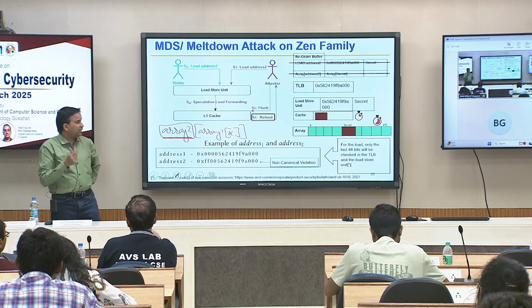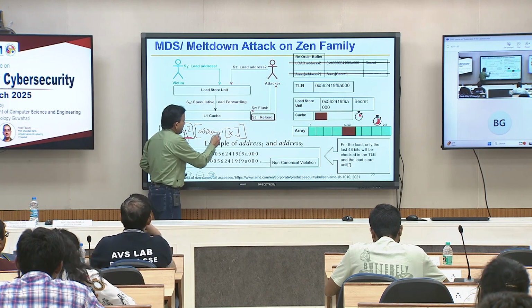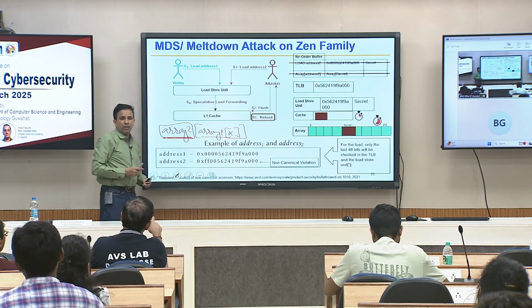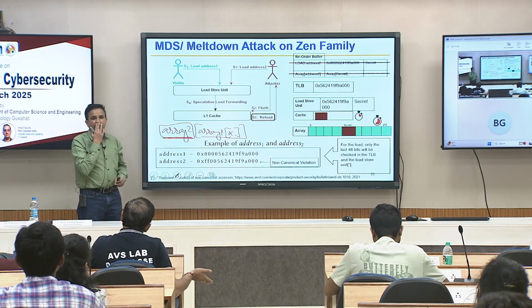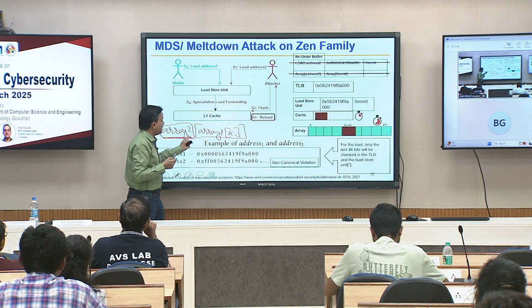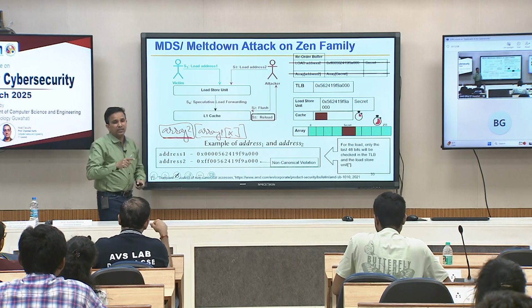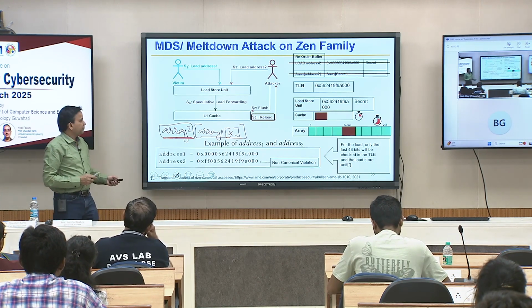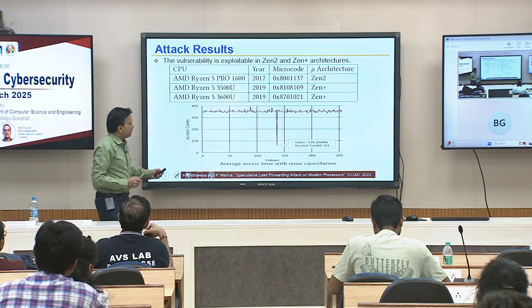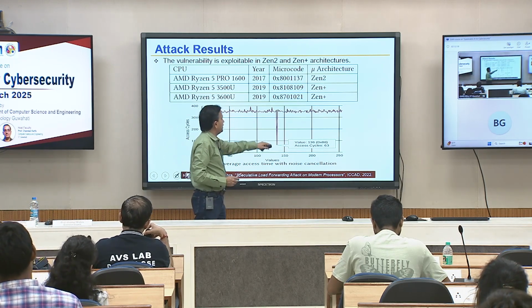It could be any name, but the key idea is that wherever you are trying to look, this name has to be the same as whatever first load you issue. So that is understood, but array 2 may be the attacker's data only, and he just wants to access that particular data. The catch is that array 2 is in the attacker's space, but this location is not in the attacker's space, it is out of bound space. So even here, when you mount the attack, you are able to find it.